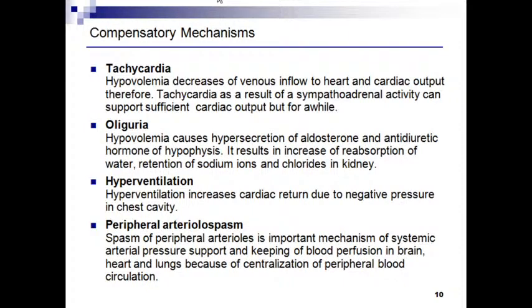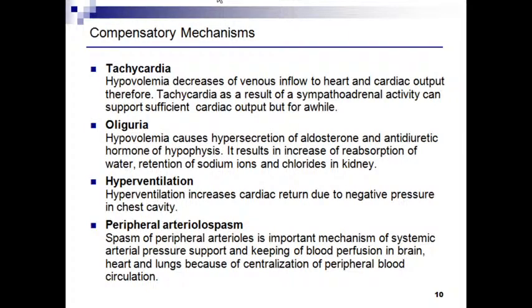Hyperventilation. Hyperventilation increases cardiac return due to negative pressure in the chest cavity. During deep inhalation, pressure in large vessels and right atrium becomes below zero, less than 0 millimeters of mercury column, and this produces an involving effect of blood from the periphery to the center, and venous return will be slightly increased due to hyperventilation.